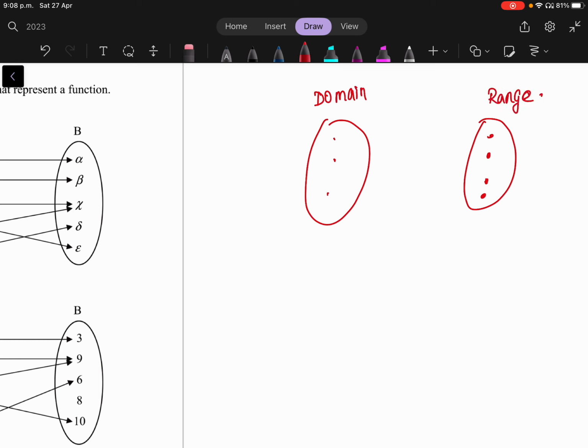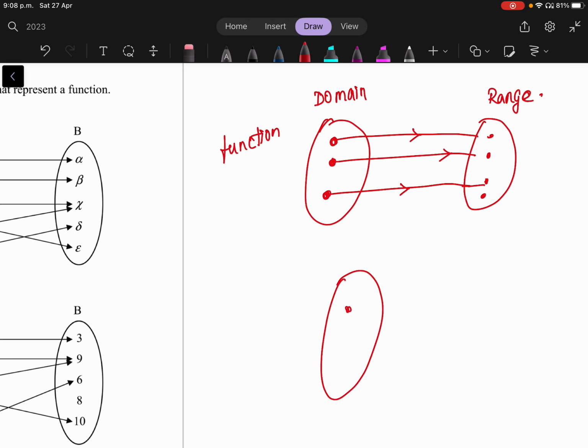For this to be a function, there has to be an arrow going out from each element of the domain, and there should be only one arrow going out of that. Then this is a function.